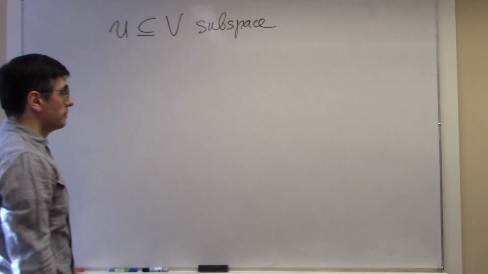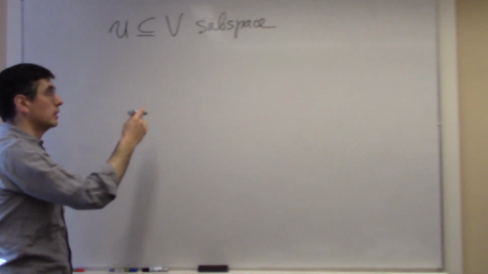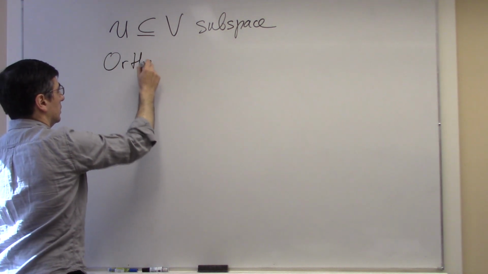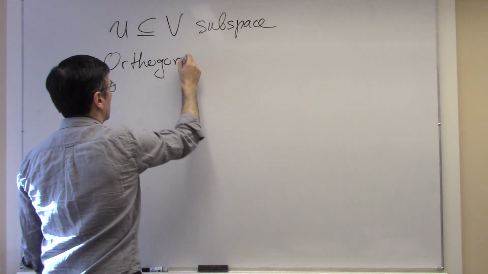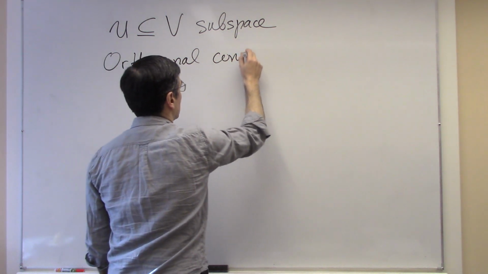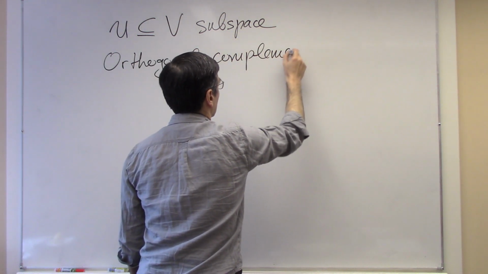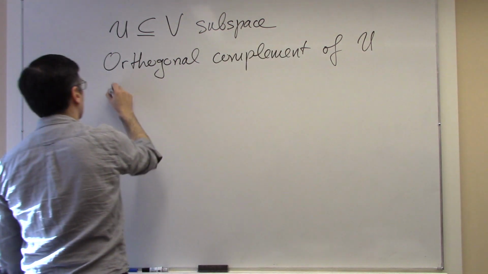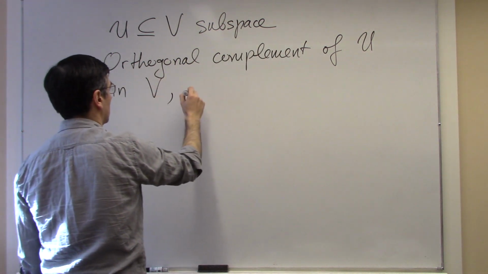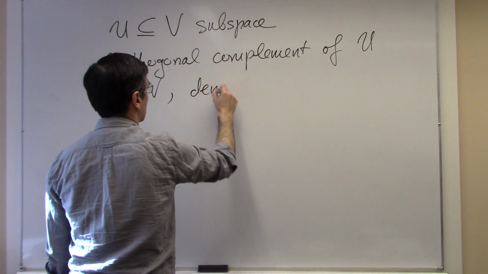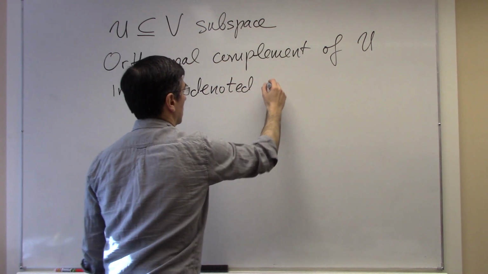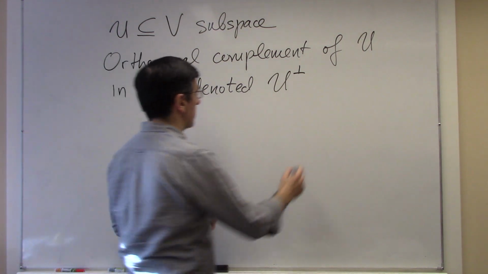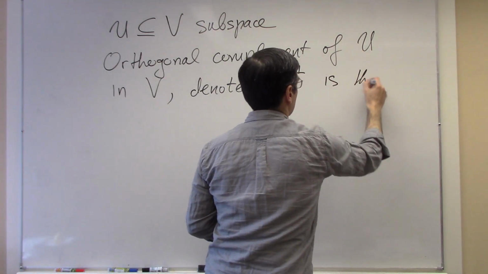and then we define the orthogonal complement of U in V, and this is denoted U with the perpendicular sign, is the set.